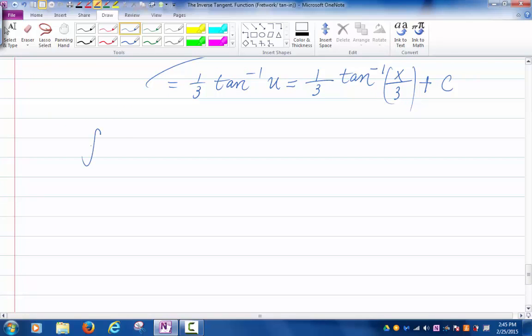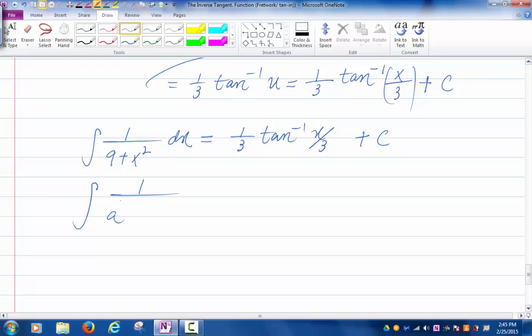Well, at the end what we got is 1 over 9 plus x squared. If I take the integral of that, I get 1/3 tangent inverse of x over 3 plus c, and I can generalize that to say that 1 over a squared plus x squared, where a is any fixed number, would be 1 over a tangent inverse of x over a plus c.